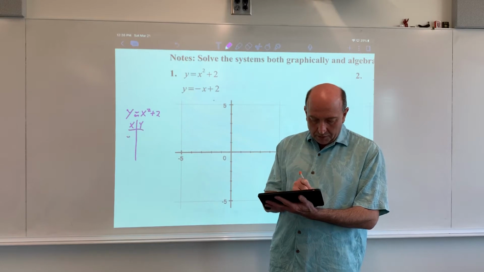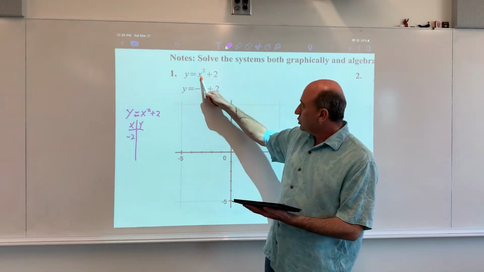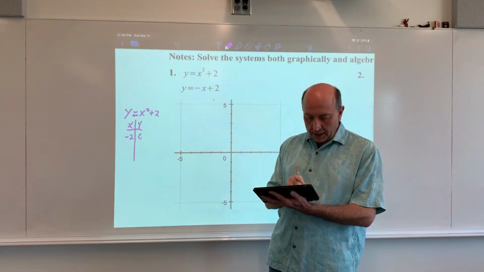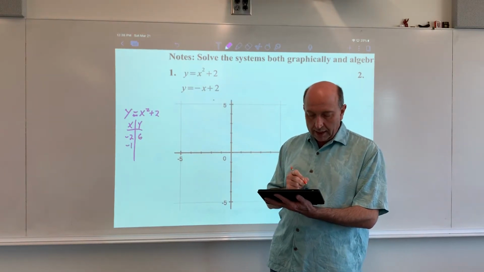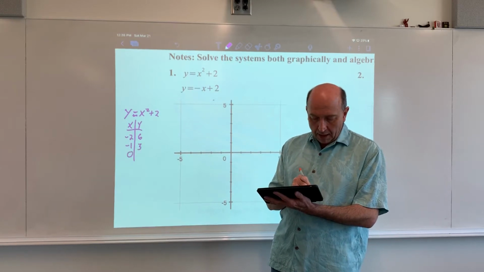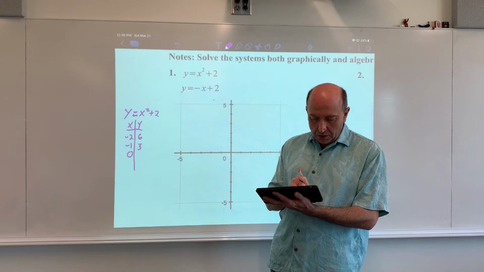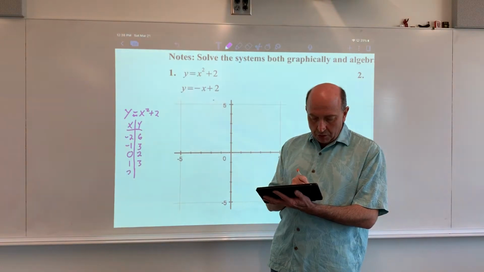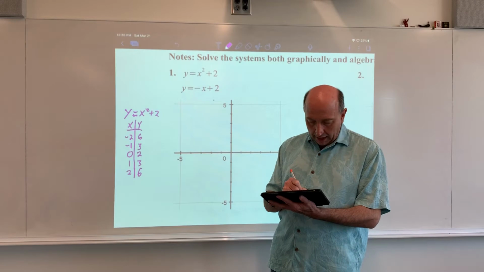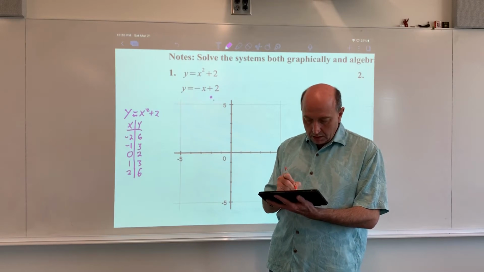So I'll plug in negative 2 and square it and get positive 4. Plus 2 is 6. I'll plug in negative 1, square it, get 1. Plus 2 is 3. I'll plug in 0 and square it, which is 0. Plus 2 is 2. 1 squared is 1. Plus 2 is 3. And 2 squared is 4. Plus 2 is 6. So negative 2, 6.